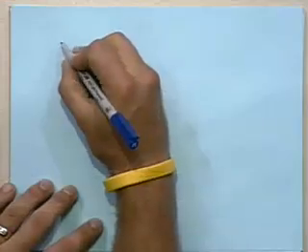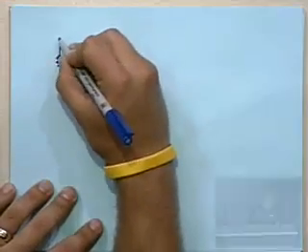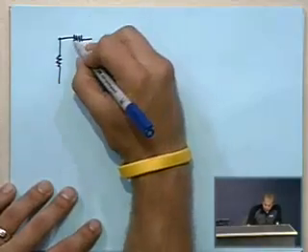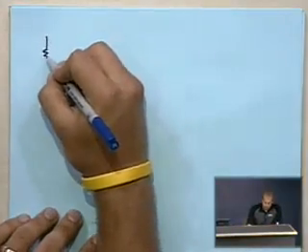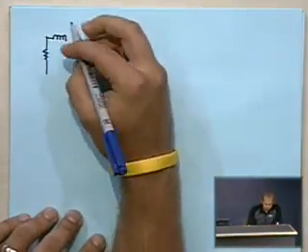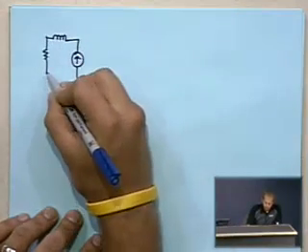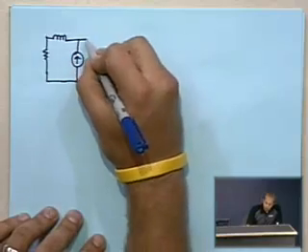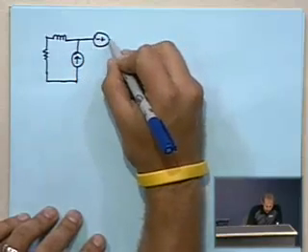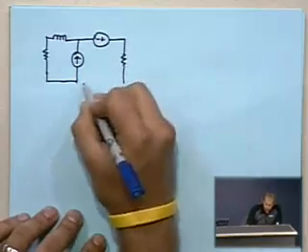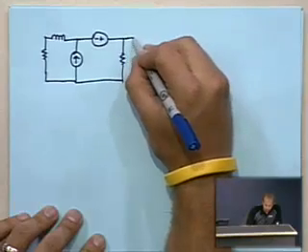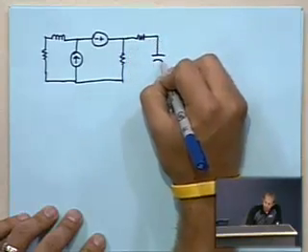So the circuit that we've been working with was this guy. It has a 1 ohm resistor. Whoops, that is an inductor. All right, start over. Resistor, inductor, current source, voltage source, resistor, resistor, capacitor.